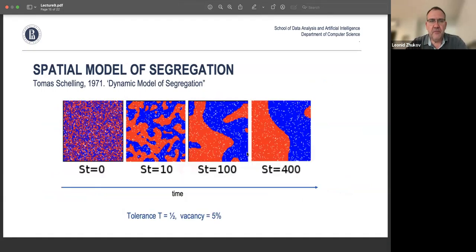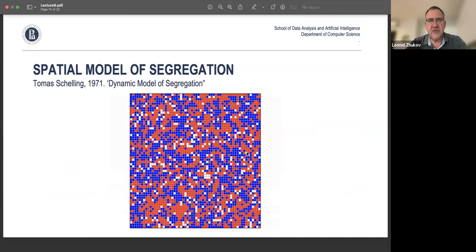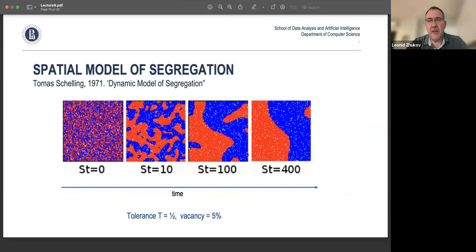What has been shown, and this is the start of the simulation, is that as time progresses, though at first you can start with a very, very mixed society, even if the tolerance level is 50%, so everybody is happy having 50% of neighbors of a different color or different type, as time progresses the city becomes completely segregated.